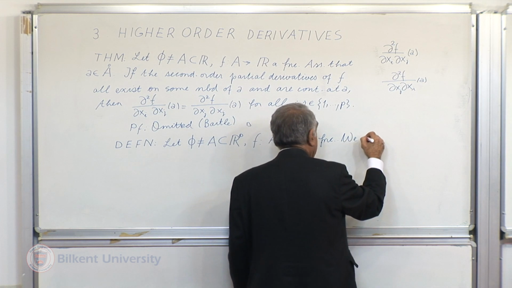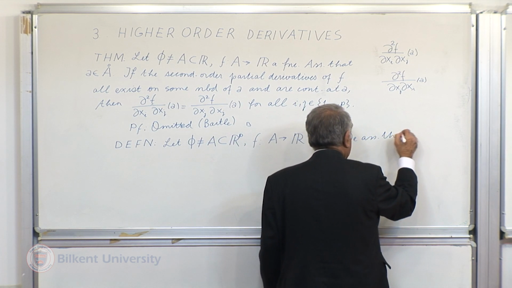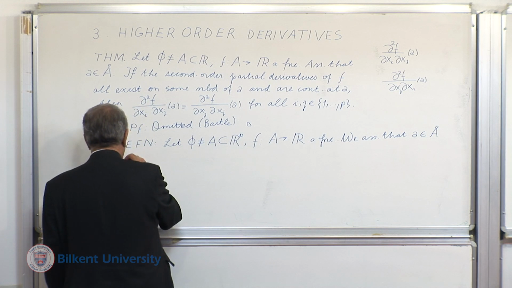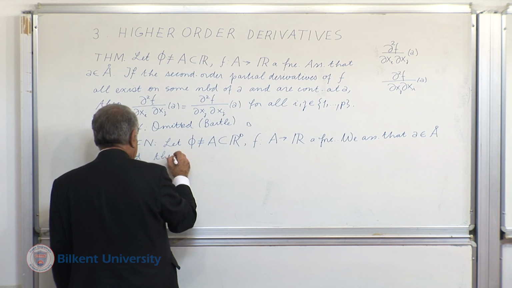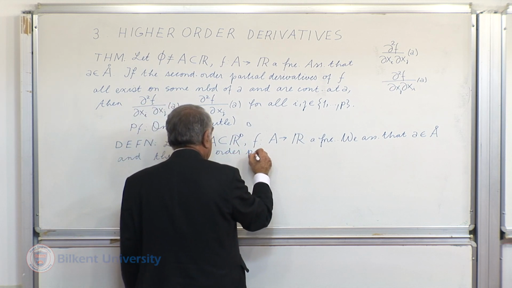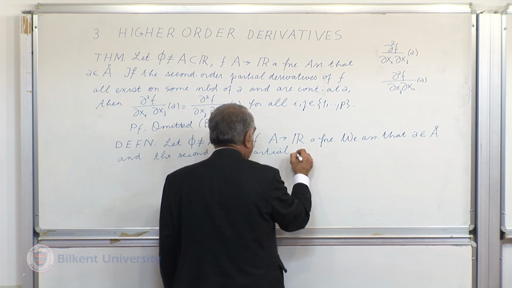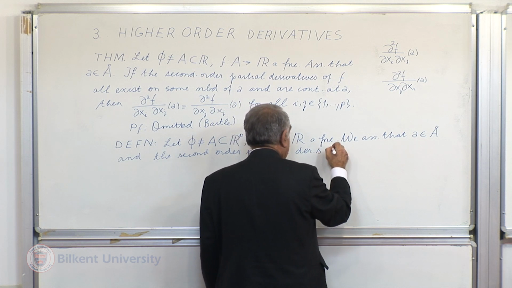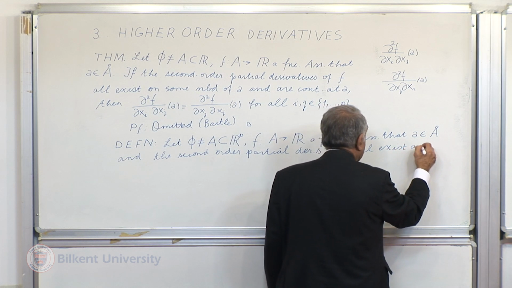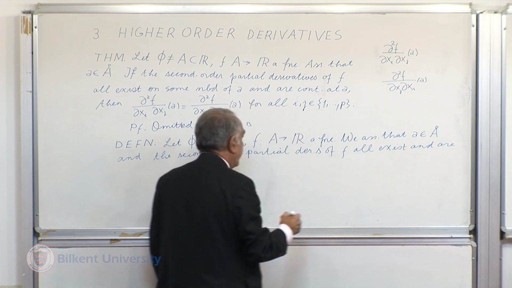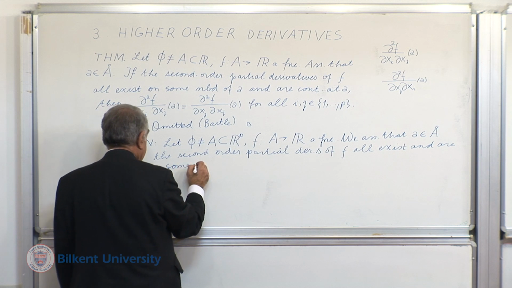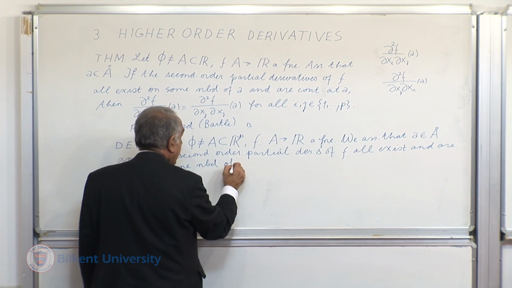Again, we assume that a is in the interior of A, and the second order partial derivatives of f all exist and are continuous on some neighborhood of a.